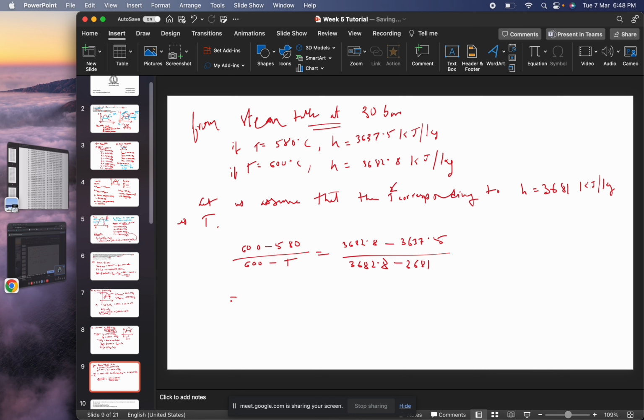Okay, so if you solve this, 600 minus T will be equal to (600 minus 580) times (3682.8 minus 3681) divided by (3682.8 minus 3637.5).